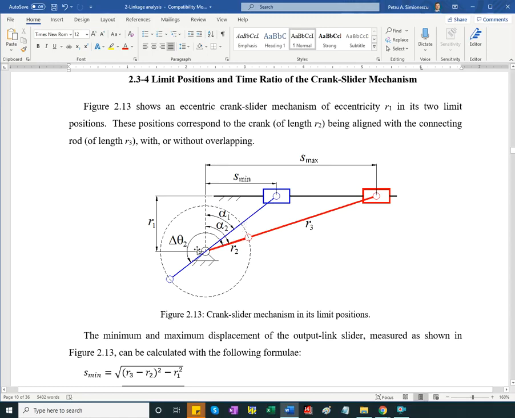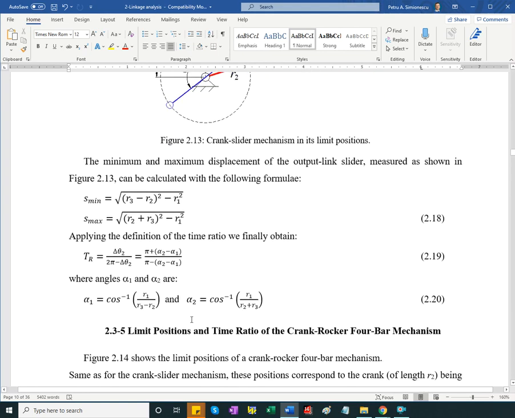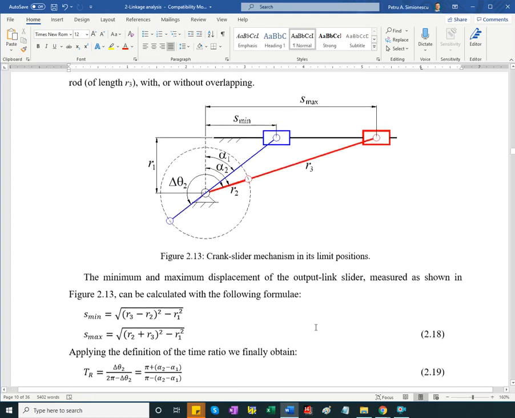So I'm using this other right angle triangle, and it's going to be R1 divided by R3 minus R2. So all this explains the definition of the time ratio, and then using the alphas, there you have it.